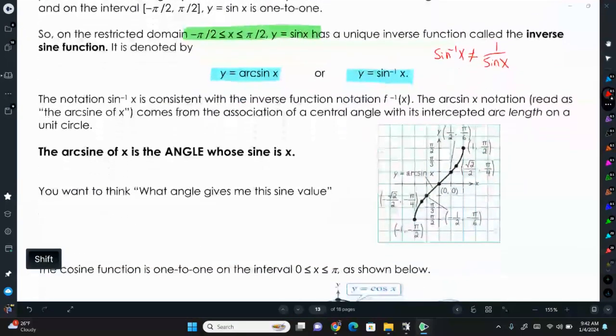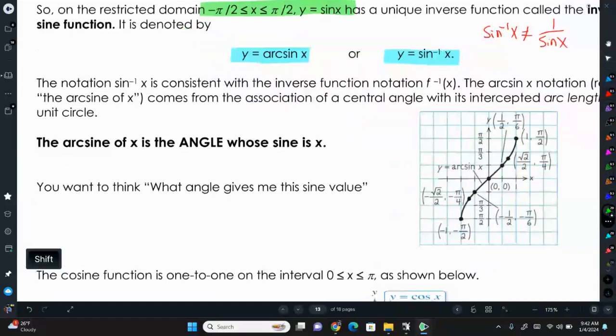And when we talk about the inverse sine or the arc sine of x, what we want to think about is the angle to get that value. So the arc sine of x is the angle whose sine is x. And like I said, we want to think, what angle gives me this sine value?